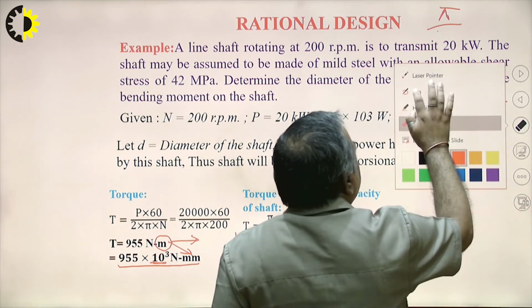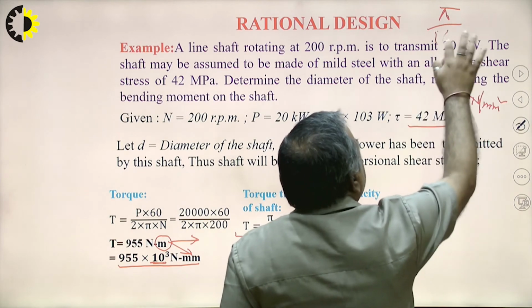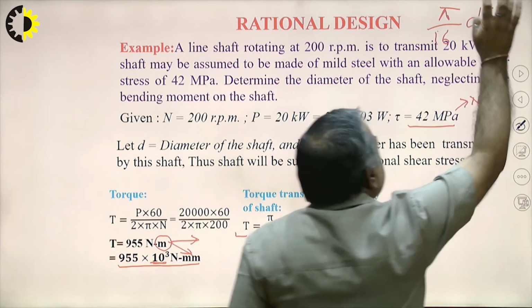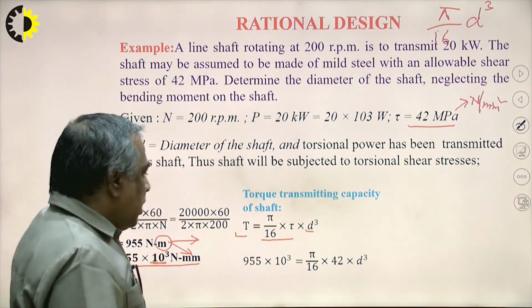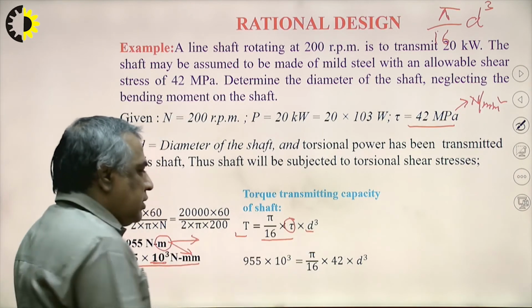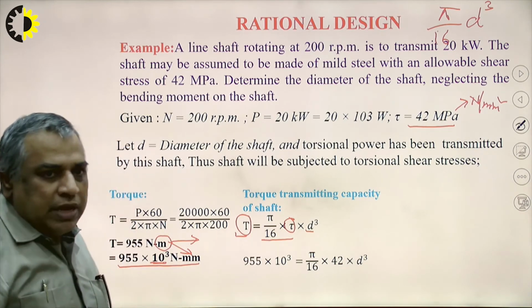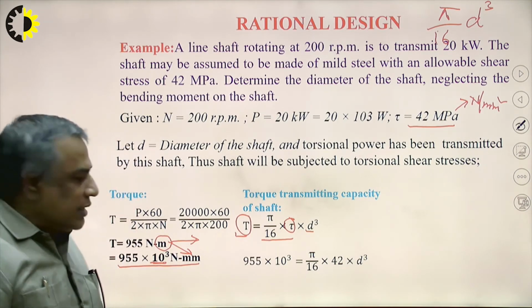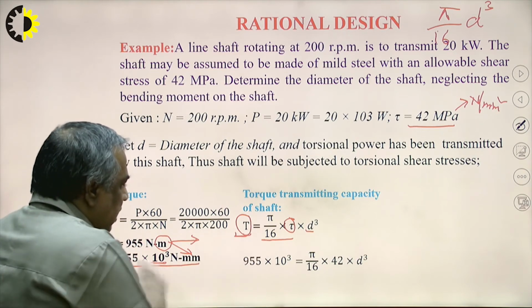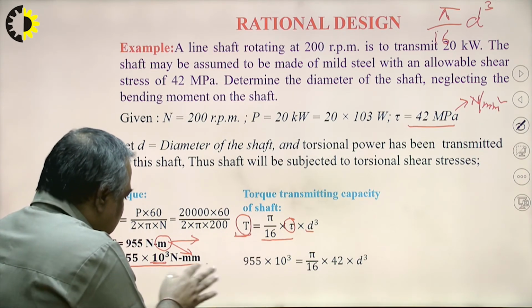Pi by 16 d cube is nothing but the polar section modulus, multiplied by allowable stress. That will give you the maximum permissible torque you can transmit through this shaft. So this is the torque which we need to transmit.